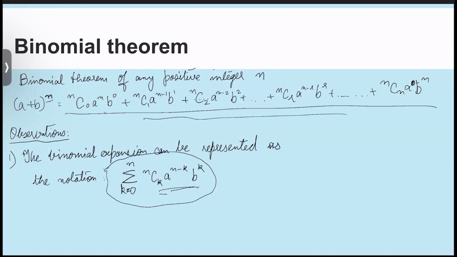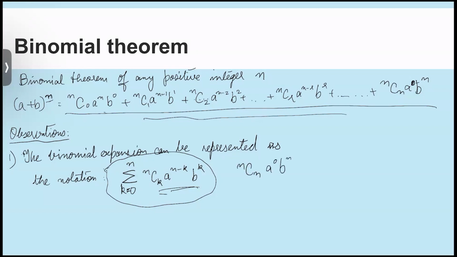Over here, you can see that we are not using r as the changing variable. We are using k over here. So when you write nCn a raised to 0 and b raised to n, it can mean the same thing as nCn a^(n minus n).